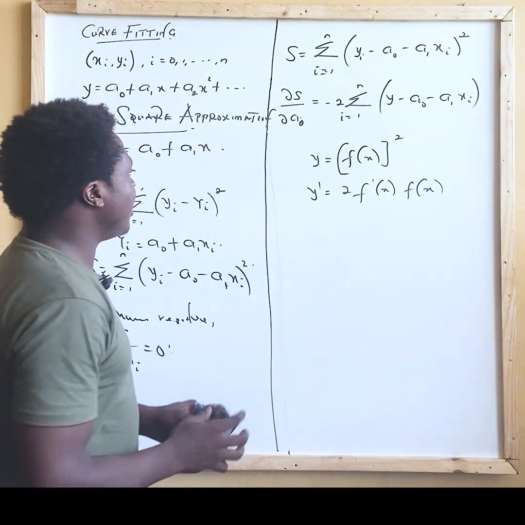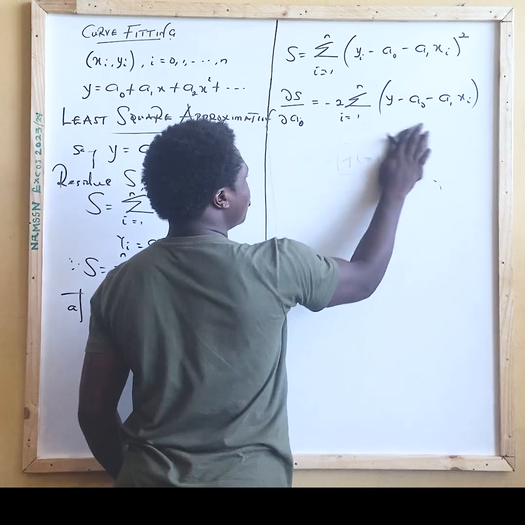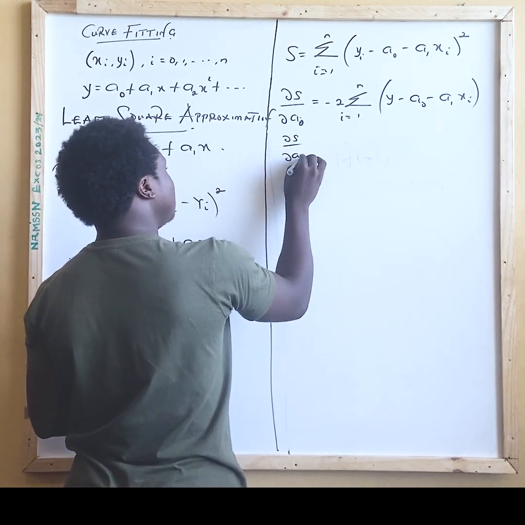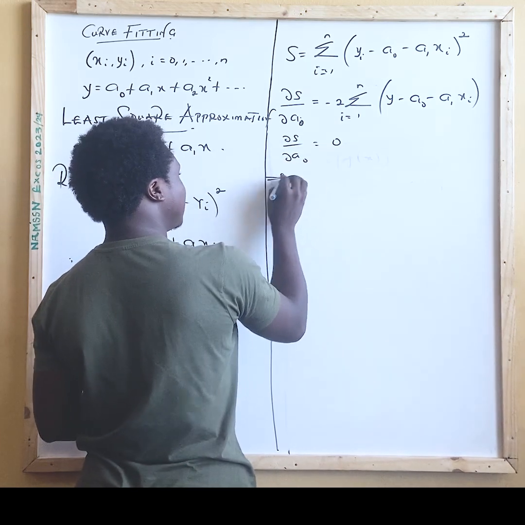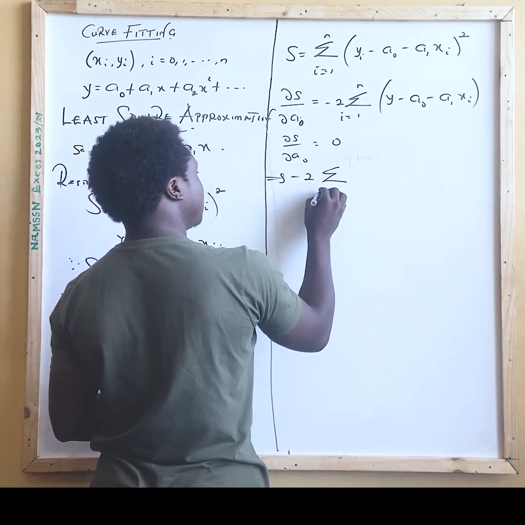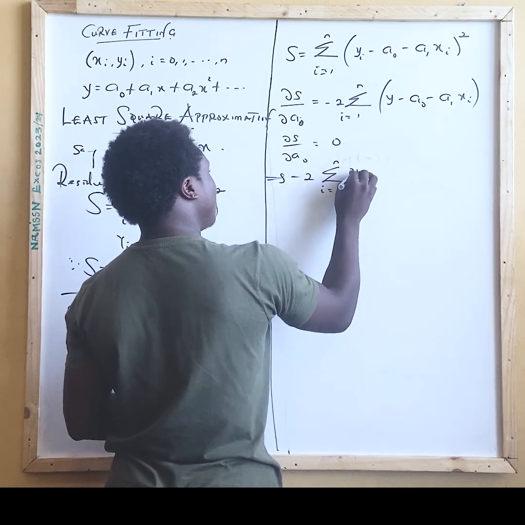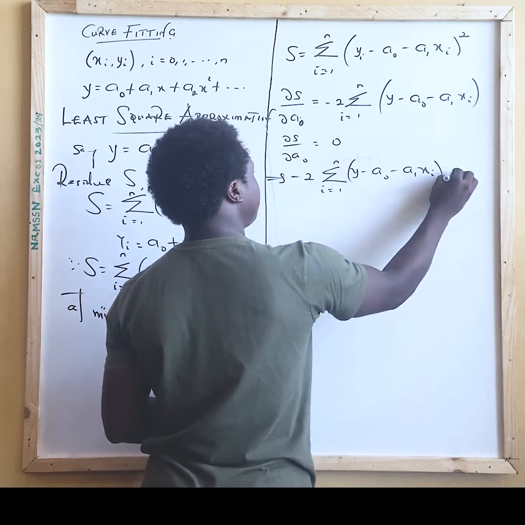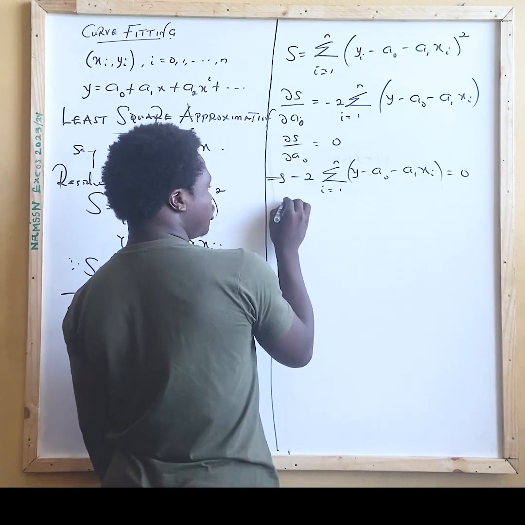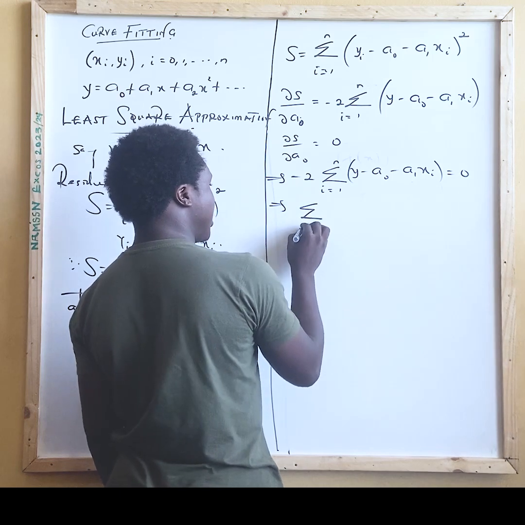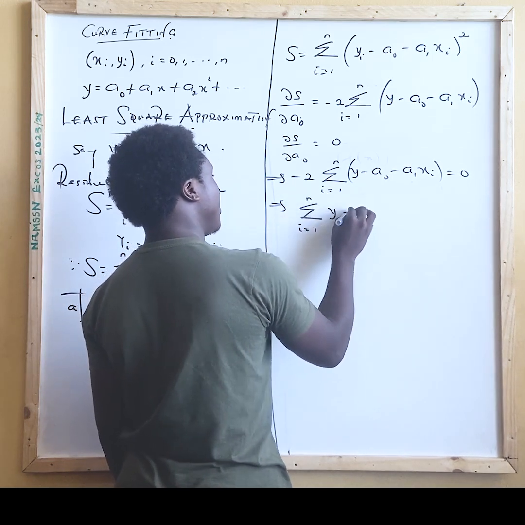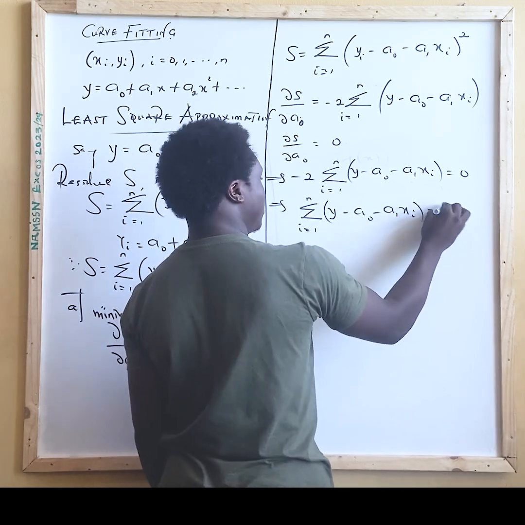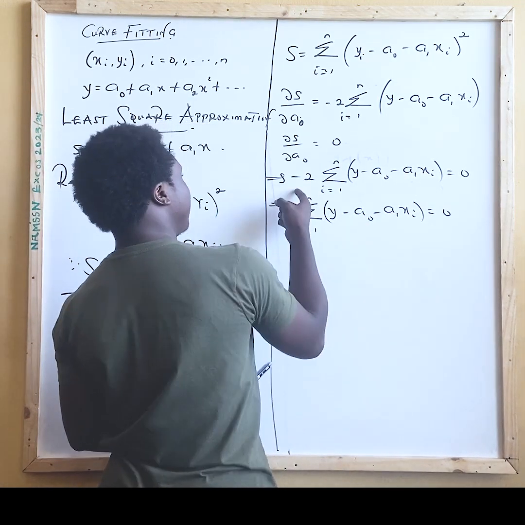If that is clear, remember we said we want to find that thing that minimizes the residue. So ds/da naught equal to 0 would imply that minus 2 summation i from 1 to n of yi minus a naught minus a1 xi should be equal to 0, which also implies that summation i from 1 to n of yi minus a naught minus a1 xi should be 0. We are removing 2; we are dividing both sides by minus 2.